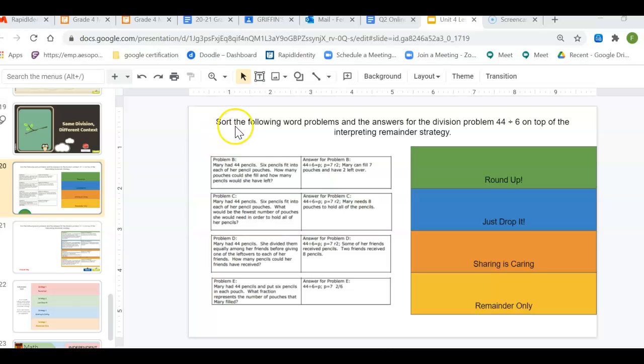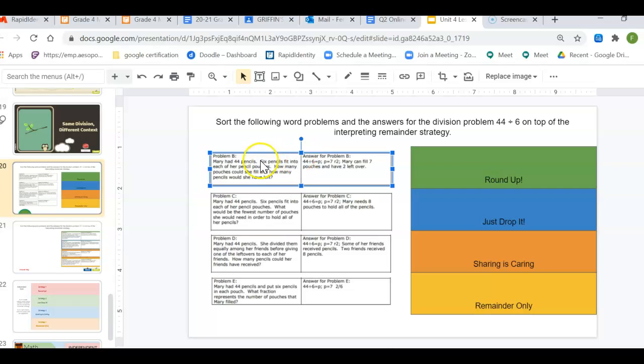So for this slide, you're going to sort the following word problems, the word problems over here, and the answers for the division problem 44 divided by 6 on top of the interpreting and remainder strategy. So basically, you're going to read these, you're going to drop and drag them in the correct place. Where do you think they should be? If you think it's a roundup type situation, then you will move it to roundup.